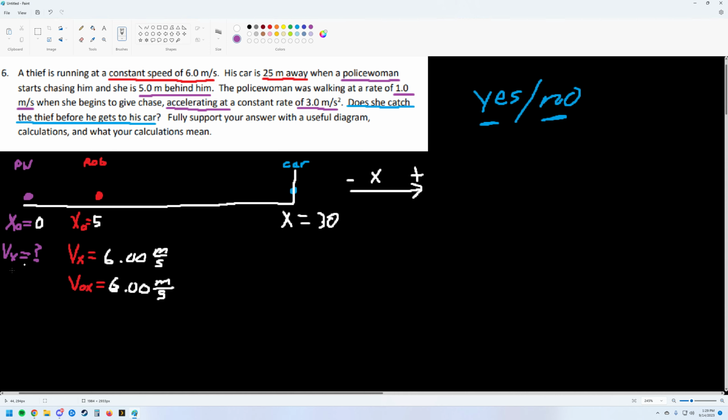We just know that she started off with an initial velocity of 1.0 meters per second, and she was accelerating at 3.0, getting sloppy, meters per second squared.